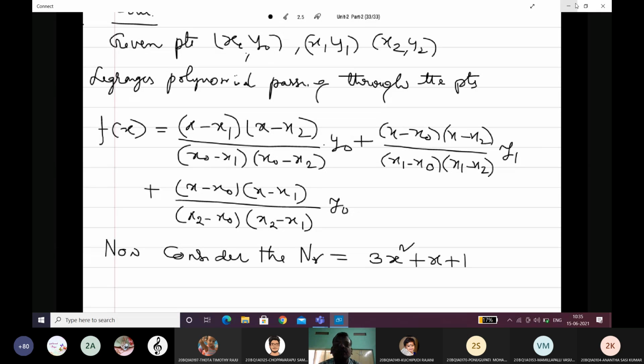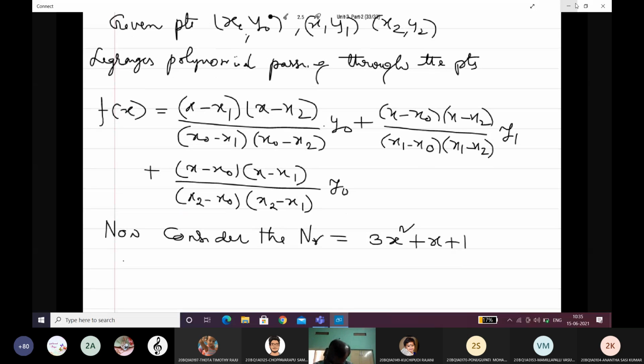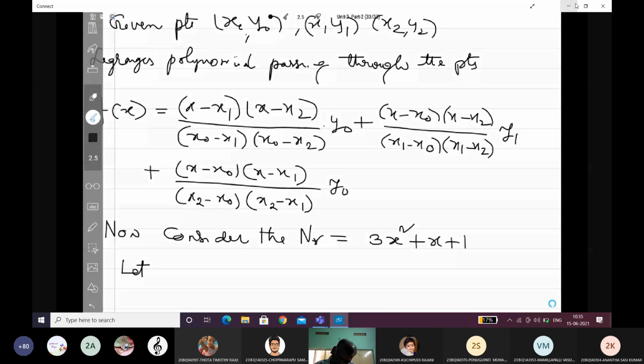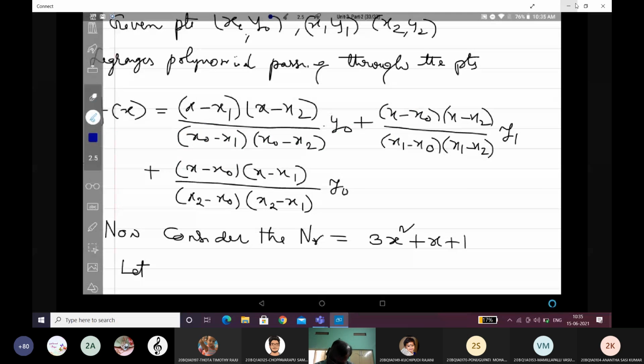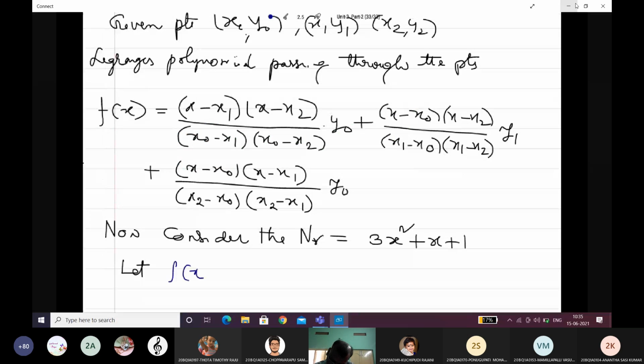So taking the numerator as f of x, let f of x is equal to 3x square plus x plus 1.